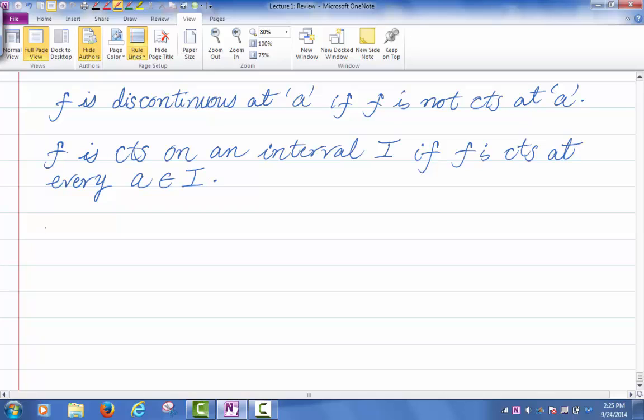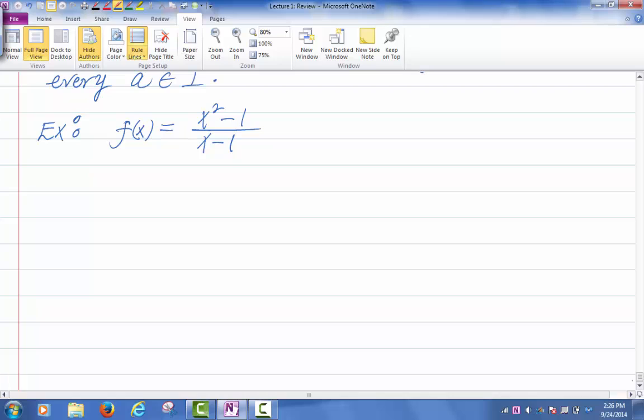Okay. Let's look at some examples to examine this definition further. Let's take this function f of x, which is given by x squared minus 1 over x minus 1. And let me ask you, is this function continuous at 1?